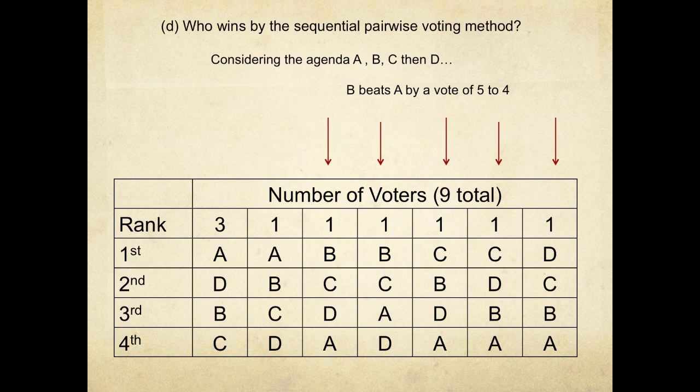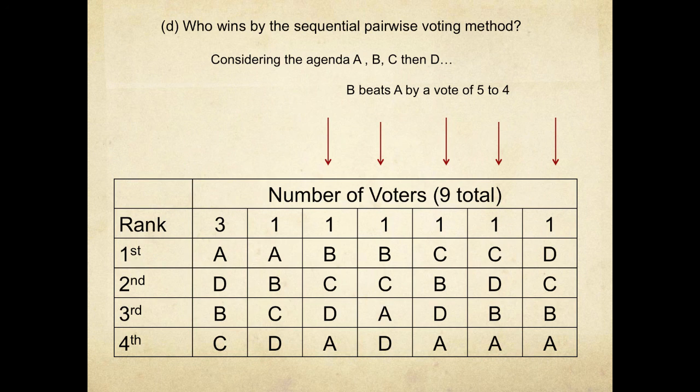You can see how I've kind of highlighted which of the voters ranked B higher than A, and therefore prefer B over A. And in a total of 9 voters, B is winning with a majority against A, 5-4. Close, but majority. So B is the winner in that first contest between A and B.